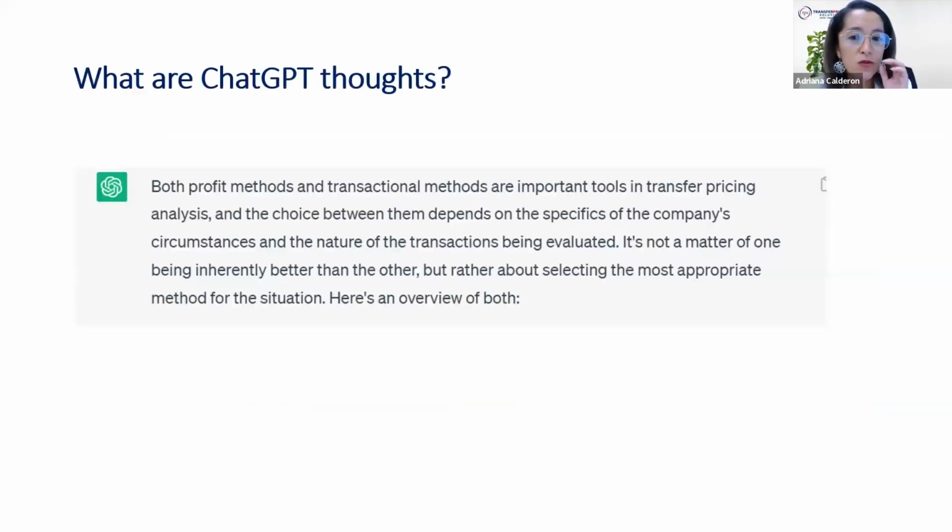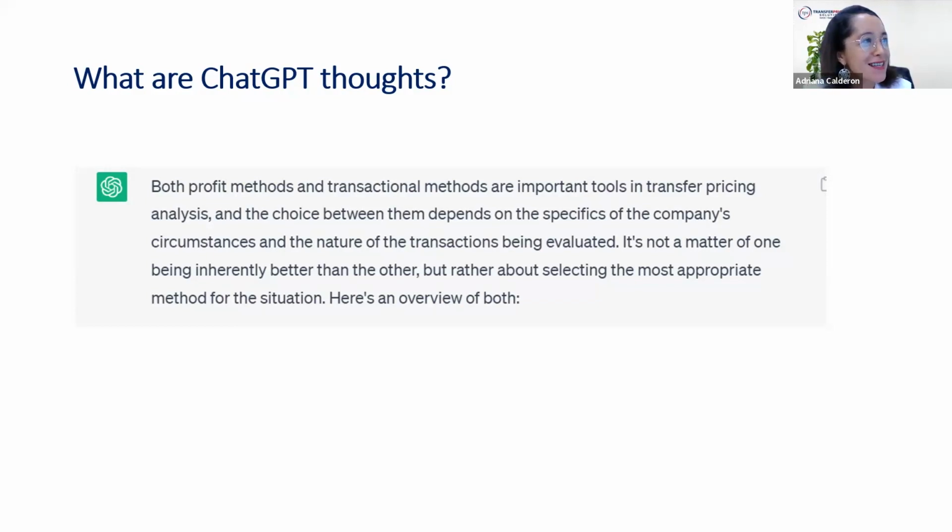Now, let's go through an example, but first we asked ChatGPT what its thoughts are on which method is better. Interestingly, the reply was: both. The good news is that ChatGPT is not going to replace us, because as you can read, the answer is very theoretical and very OECD.